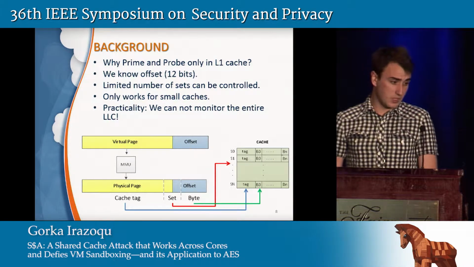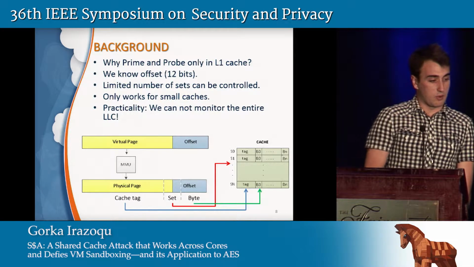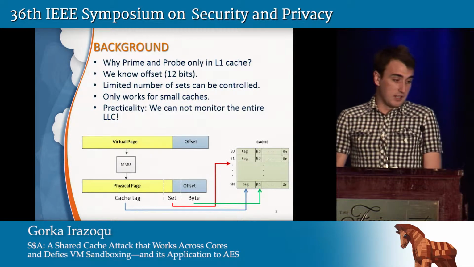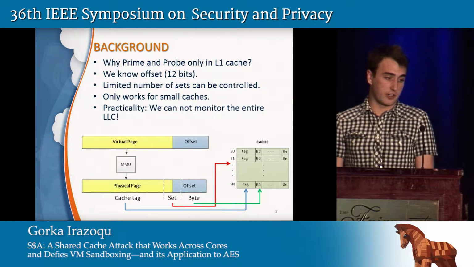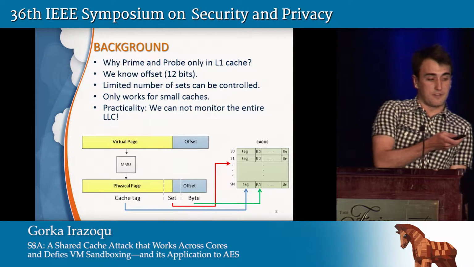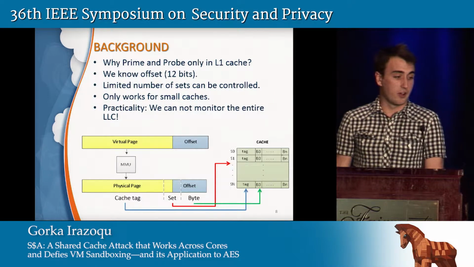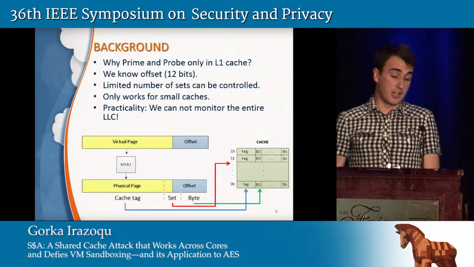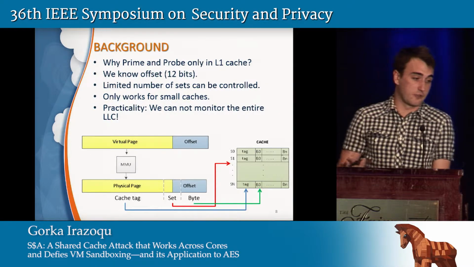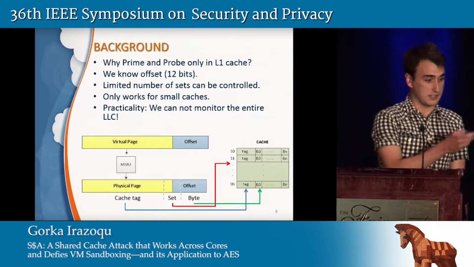We can go to a situation like the one we see in the slides, where the set field is the one that tells you where your data is going to be located in the cache. If the set field gets some portion of the physical page that a user doesn't know, the user doesn't know where his data is going to be located, and therefore he cannot apply the attack.